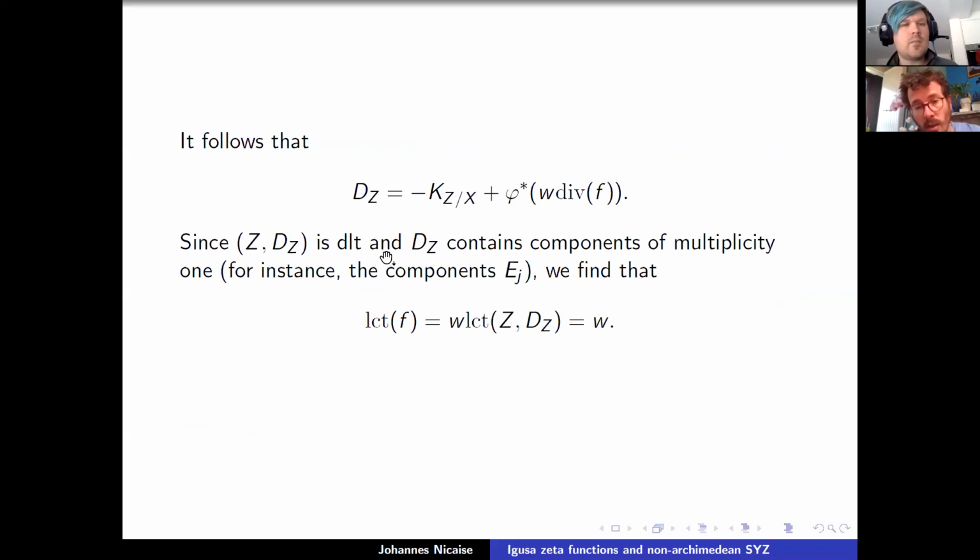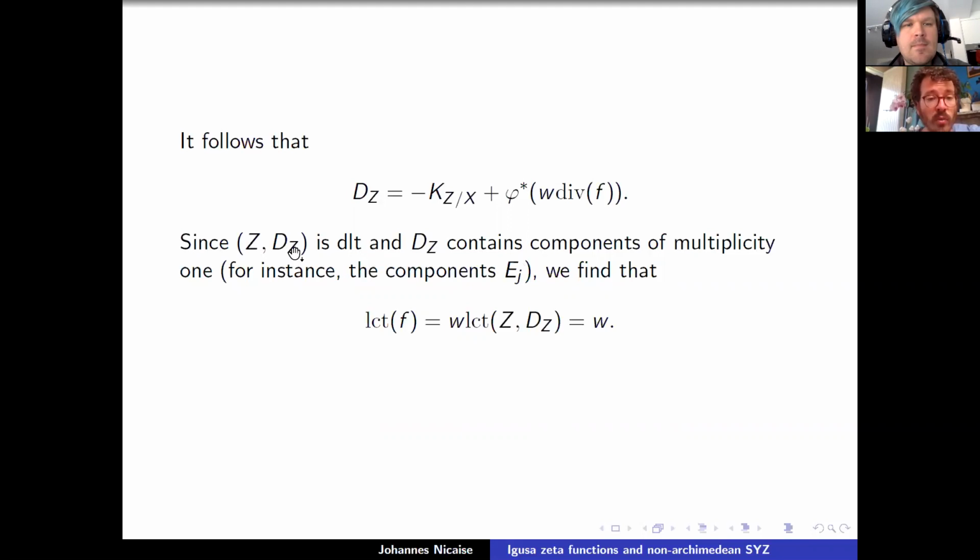Well, we also get an upper bound for the log canonical threshold, because the log canonical threshold is computed by taking a log resolution, computing the fractions nu over n, and taking the minimum. If we take this resolution, we will find the strict transform of D_Z. In this strict transform, we have the components E_j, which have multiplicity 1 and log discrepancy 1, because they are not exceptional in the resolution.